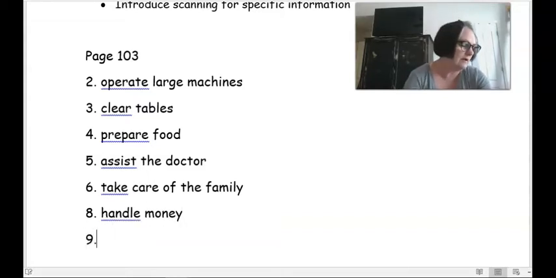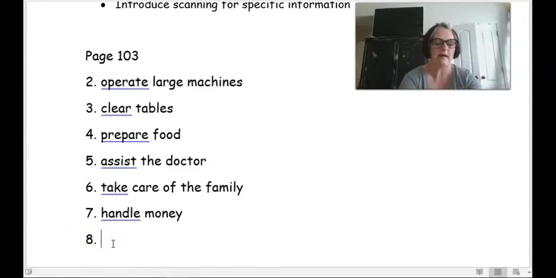And number 9, whoops, sorry, wait. Number 7 is handle money. I'm sorry. Let's go to number 8. I misnumbered. Okay, that's a pharmacist. We see all the bottles of medication in the back. So we're going to say assist the pharmacist.